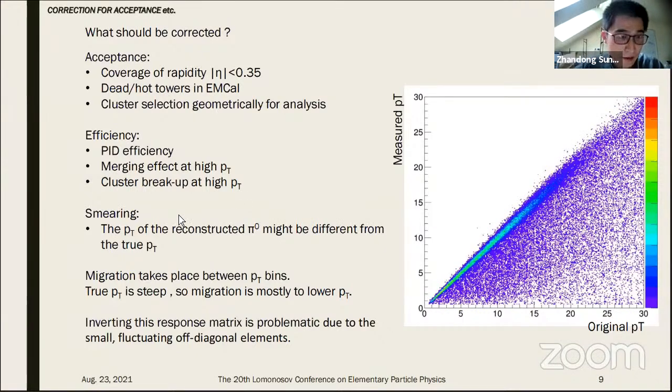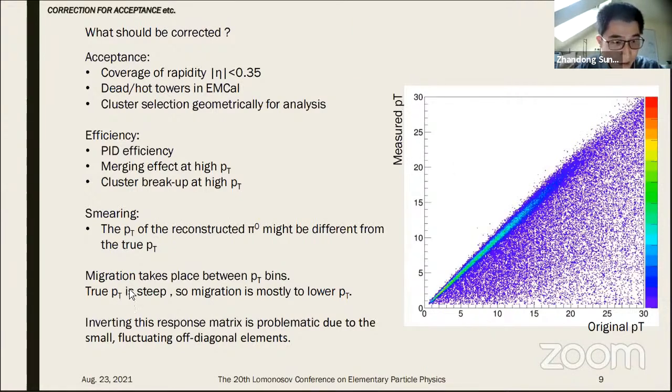Another thing we should pay attention to is that the reconstructed pi0 pT might be different from the true pT. This migration is due mostly to the lower pT, and we can see it clearly from this simulation plot. The x-axis is the original pT, and the y-axis is the measured pT.